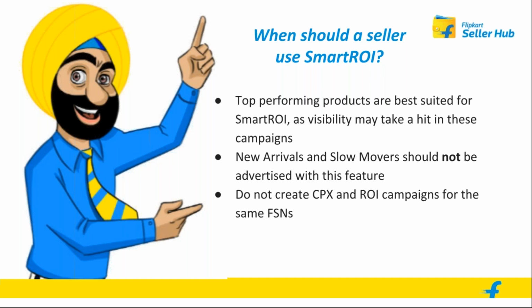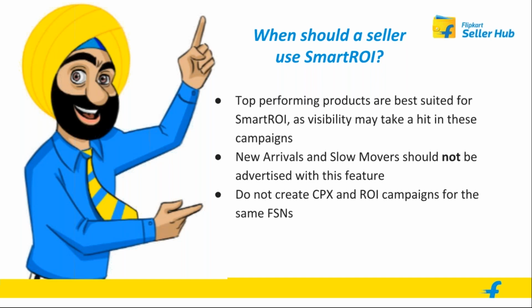So what we would suggest in this festive period is, until and unless it is some of your very, very high converting, top performing products that you're putting on smart ROI, you should try to put the rest of the products, in fact most of your campaigns, on CPC, so that they can take advantage of this traffic and get you the maximum visibility and hence sales out of it.